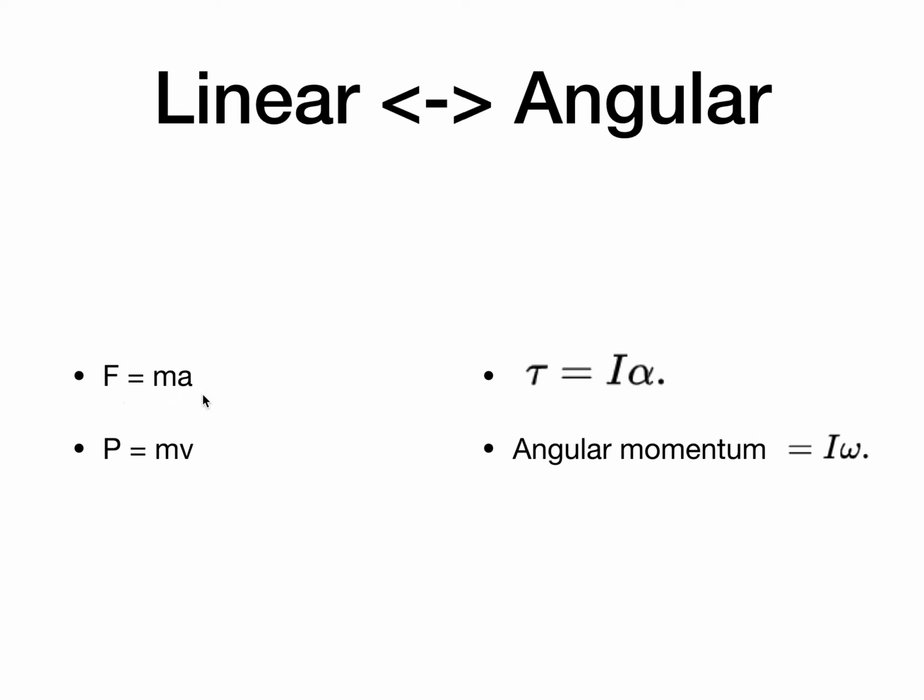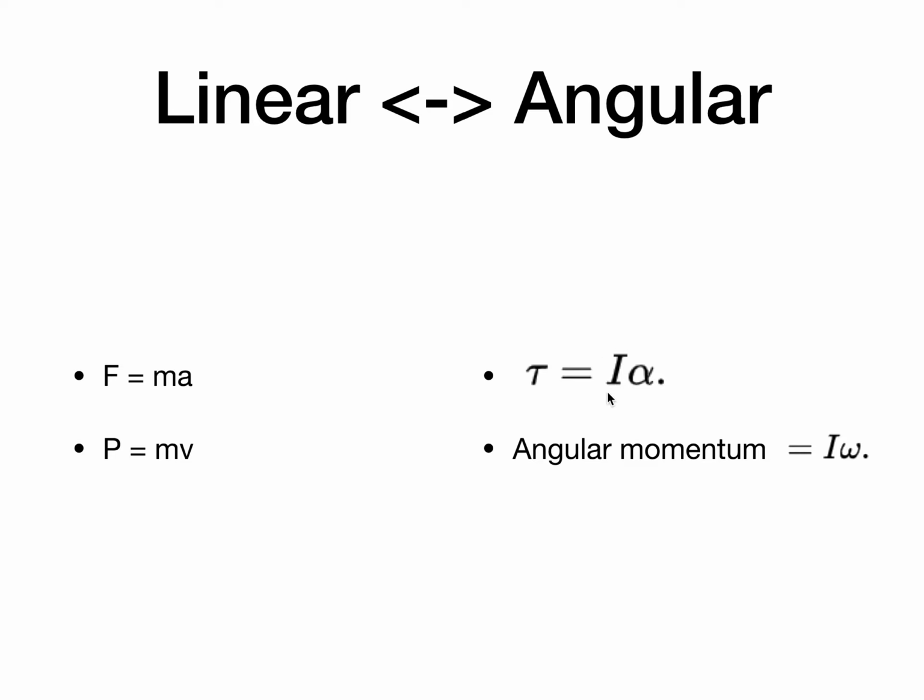What is force usually in angular movement? Usually it's torque. And alpha means angular acceleration. Here I is the mass in angular movement, which is moment of inertia. This is the number that we need for today's lab.